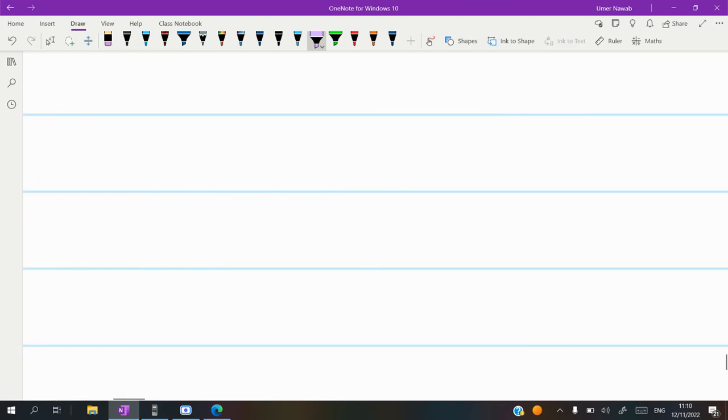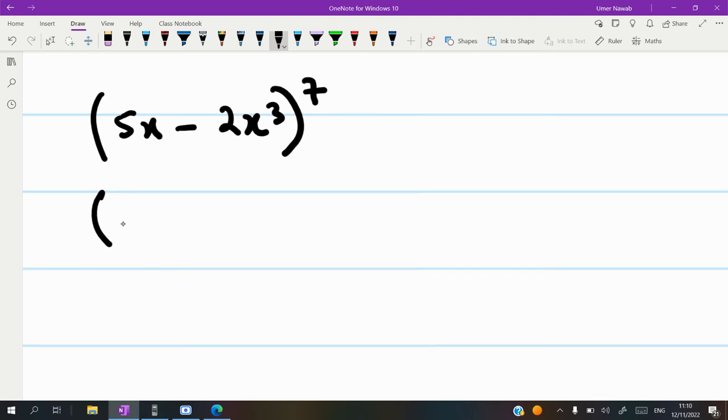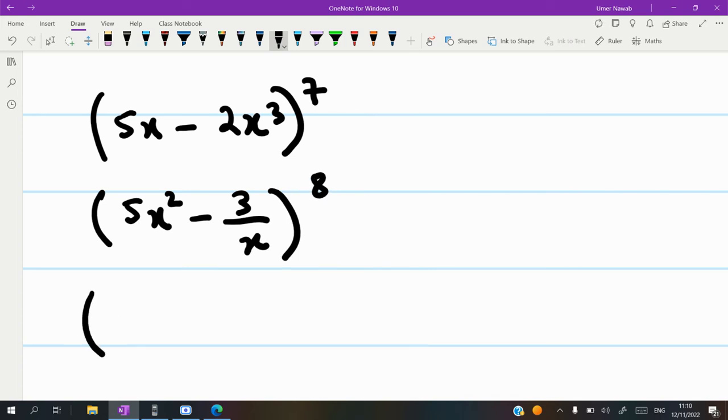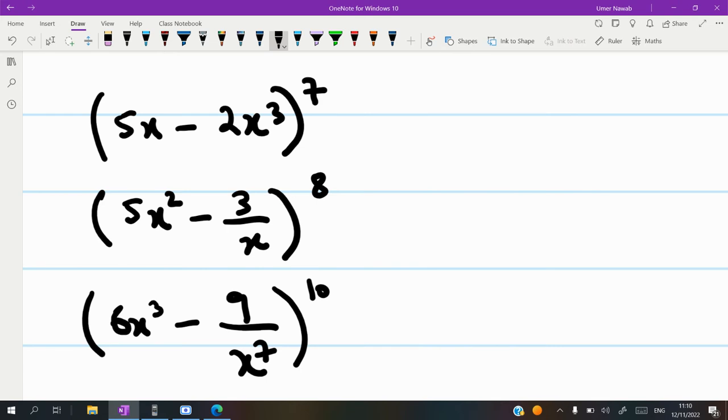I want to give you a few examples. Suppose I write here (5x minus 2x^3) raised to power 7. I'm writing here (5x^2 minus 3 over x) raised to power 8. I'm writing here (6x^3 minus 9 over x^7), and the power 10.